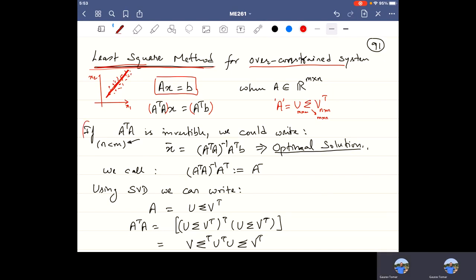Now, if it turns out that A transpose A is invertible, then we can write the solution x as A transpose A inverse operating on A transpose b. That's something you call an optimal solution, the best fit. Then for this non-square matrix, we can define an inverse this way.